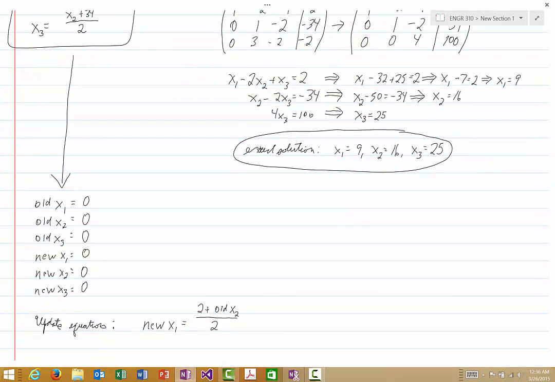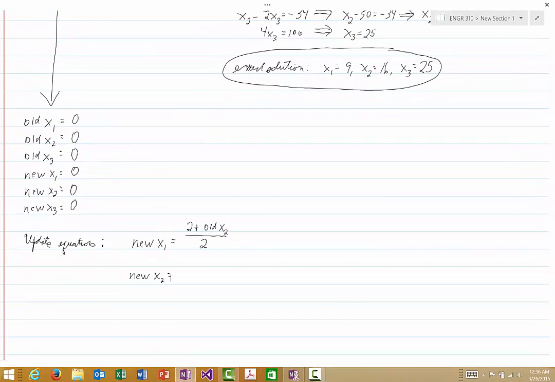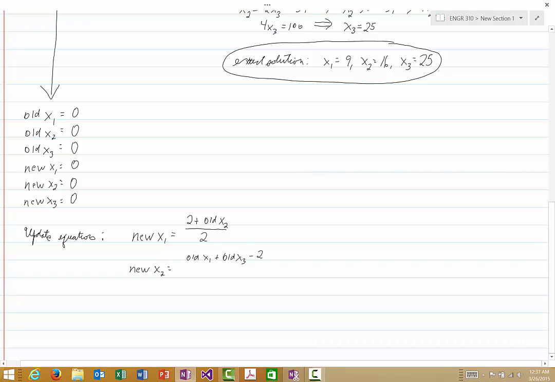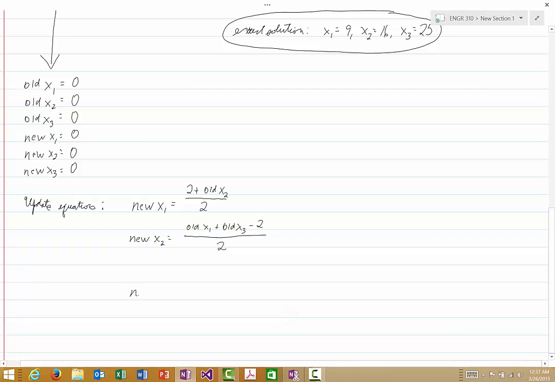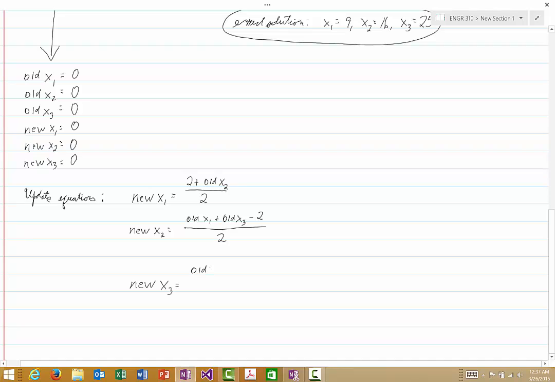And then we'll have new x2 is equal to old x1 plus old x3 minus 2 over 2. And finally, new x3 is equal to old x2 plus 34 divided by 2.